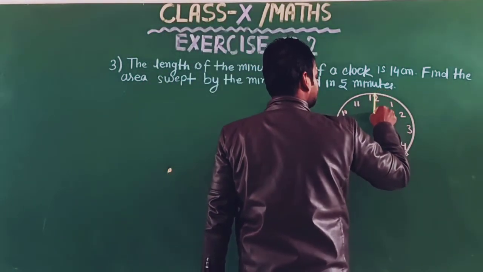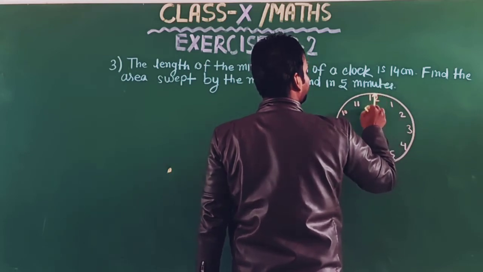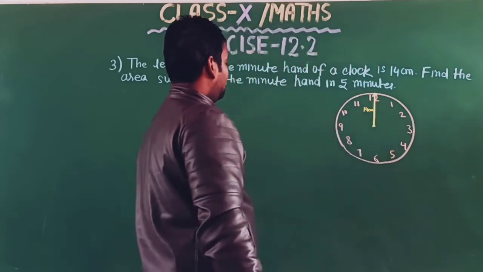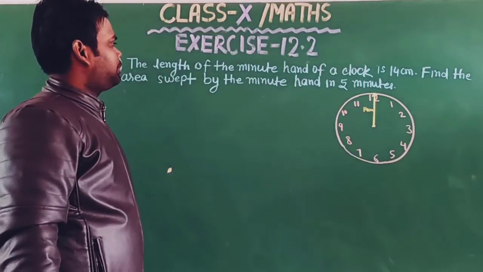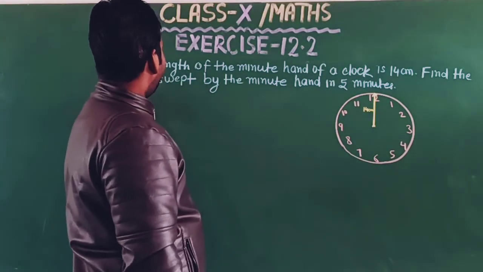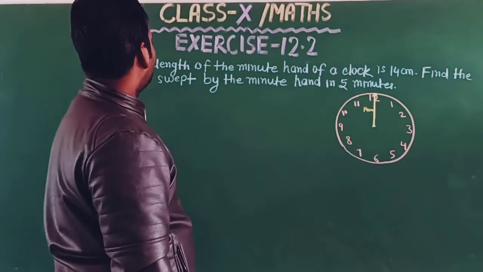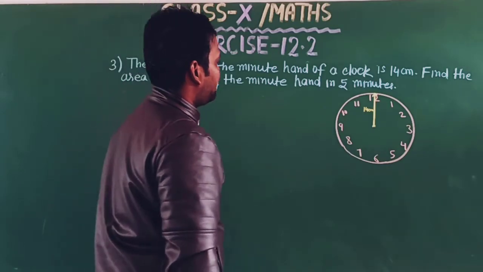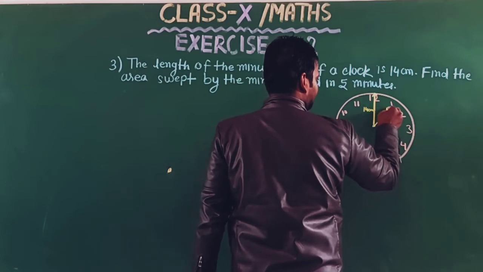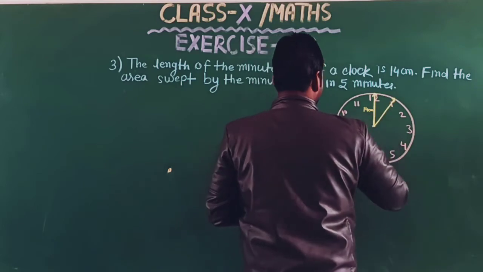Length of minute hand is equal to 40 centimeter, and then we have to find the area swept by the minute hand in 5 minutes. So this area is swept by the minute hand in 5 minutes.